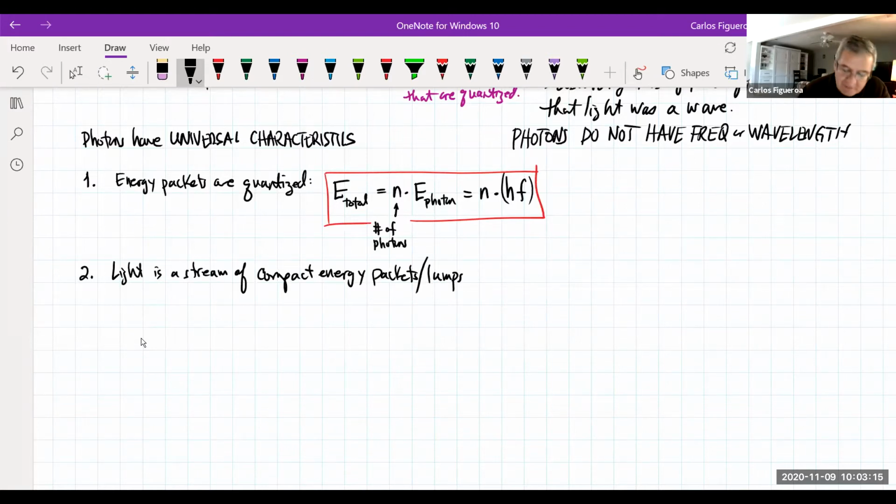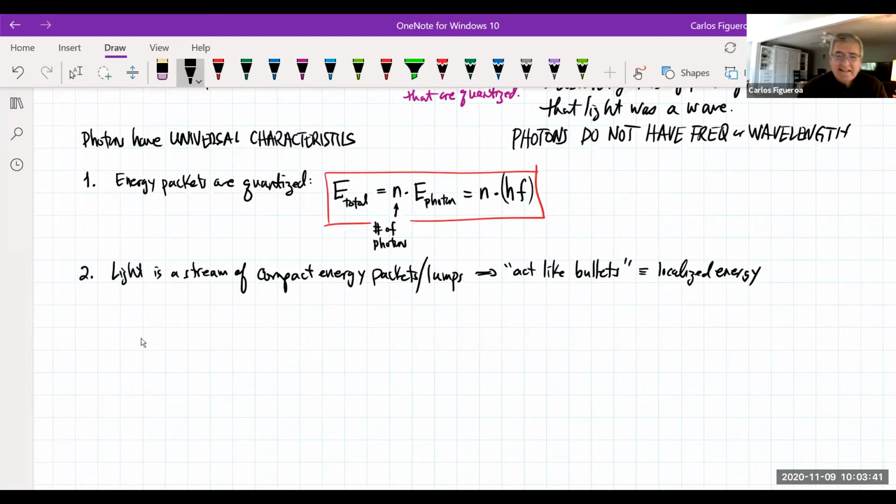And effectively, what this implies here is that they kind of act like bullets per se. So we should be very, very careful. What I mean by bullets is that it's localized, right? This implies that it's localized energy.